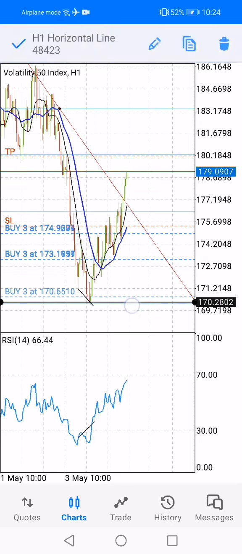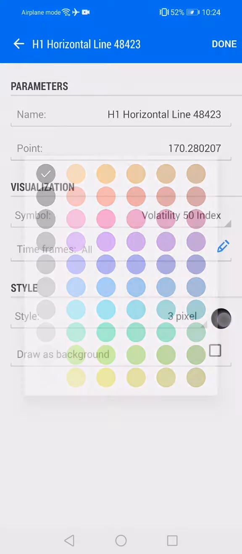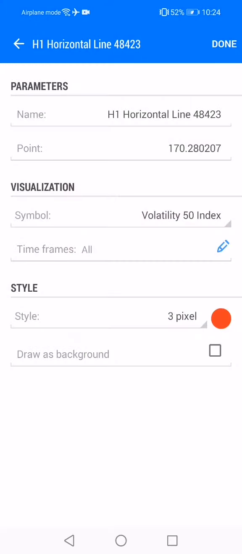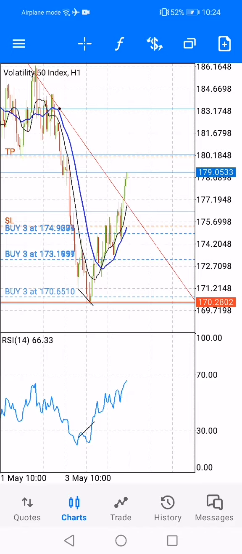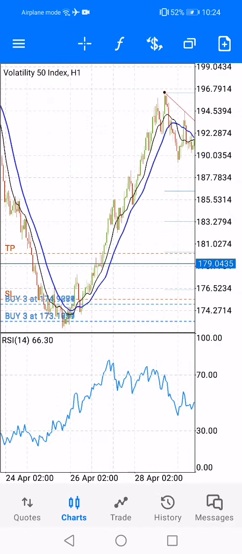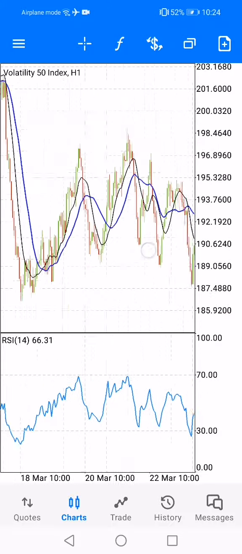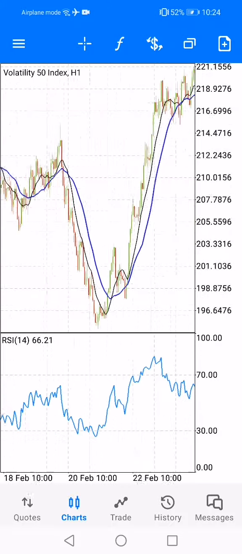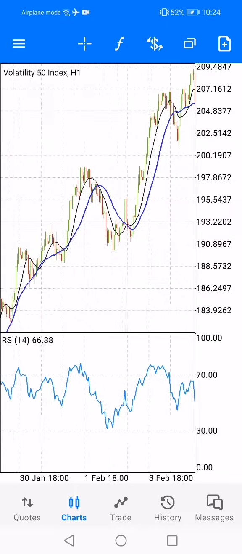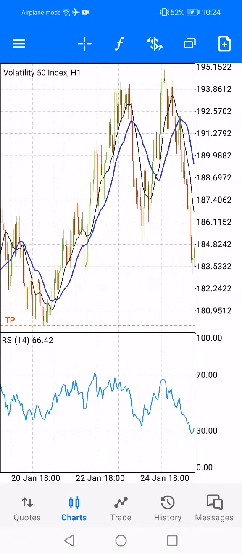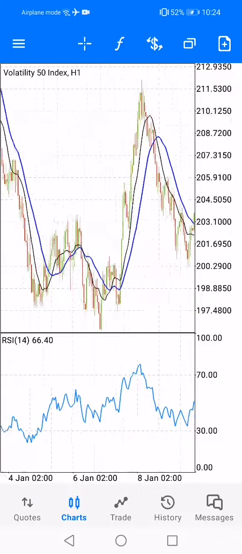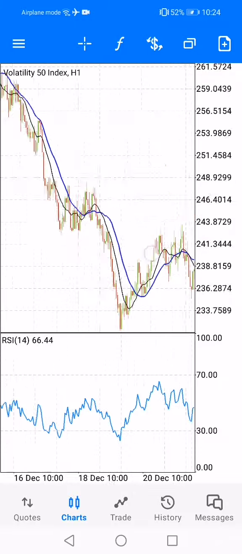Check this. Let me make this line red so that you can see what I'm talking about. So let's go to the past. Let's go to the past history, the past data, and see where this level was touched, okay. You will see that this level has been tested.